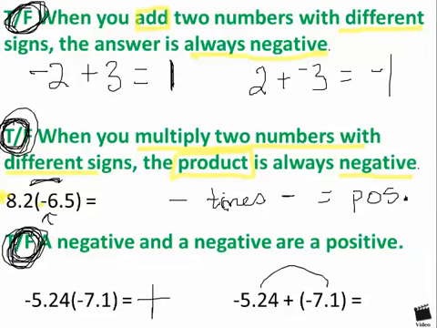But if you're combining, a negative and a negative are going to be a bigger negative. So combining is like saying, I owe somebody one amount, I owe somebody another amount. You still have a negative amount that you owe. Multiplication is not that. Multiplication cancels every time you have two negative signs.